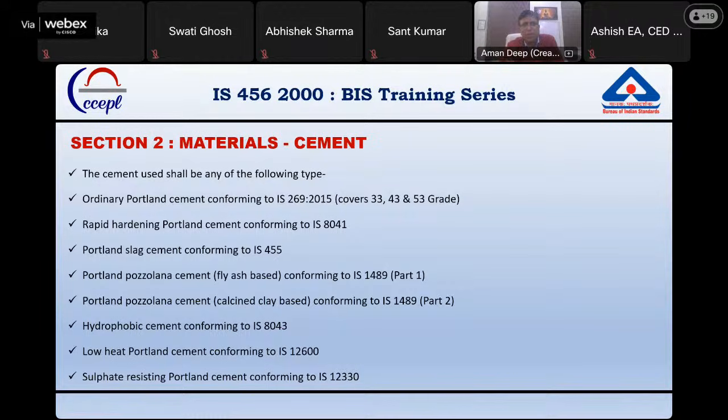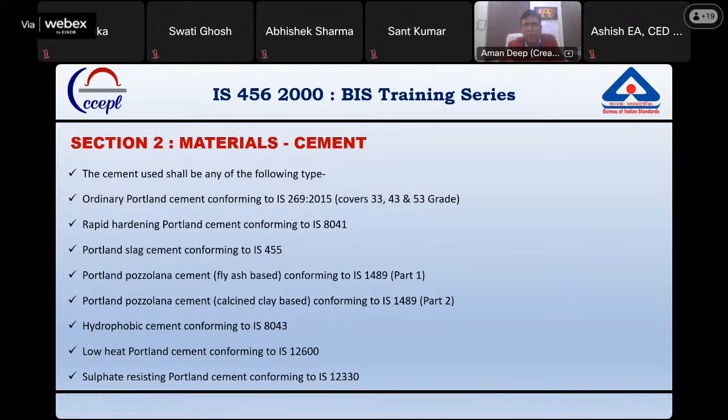The other cements, like rapid hardening Portland cement, low heat Portland cement or sulfate resistant Portland cement, all these special cements are generally designed based on environmental conditions or site specific conditions. IS 456 gives you the guidance on using the available cements.